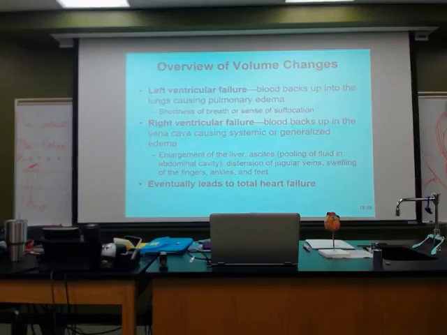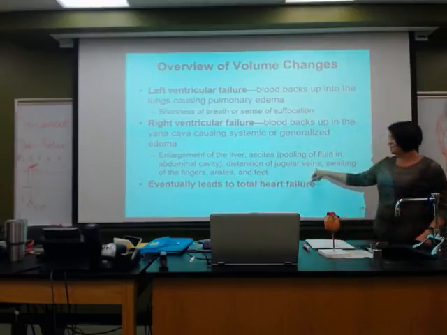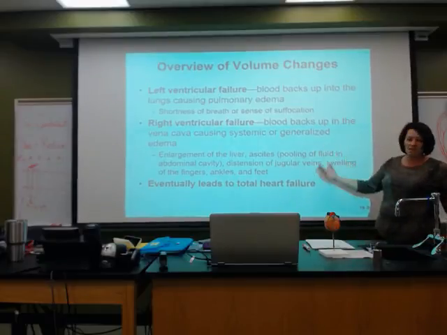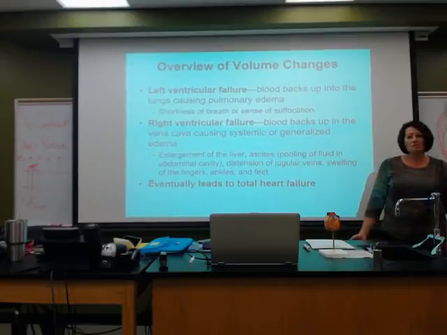And then people who are malnourished, they'll have that, and that's the fluid building up there, termed ascites. You can have distension of the jugular veins, and then if it's generalized, it could just be pretty much swelling of the body all over.